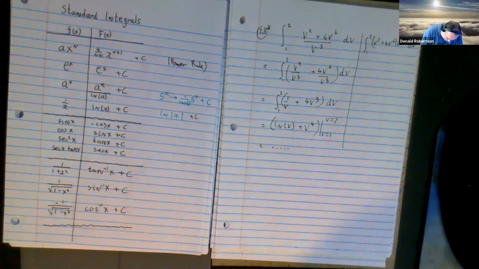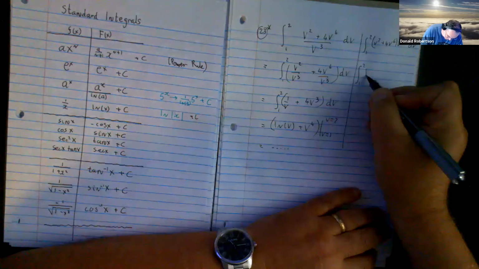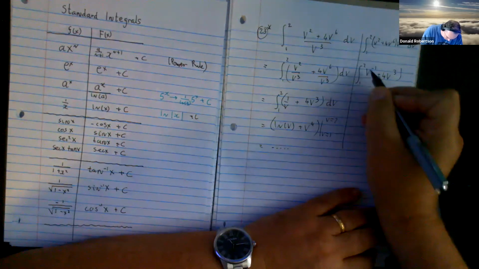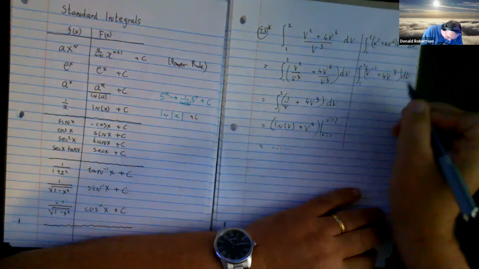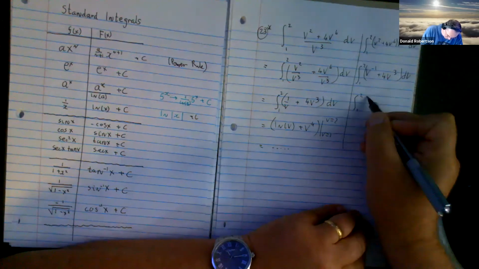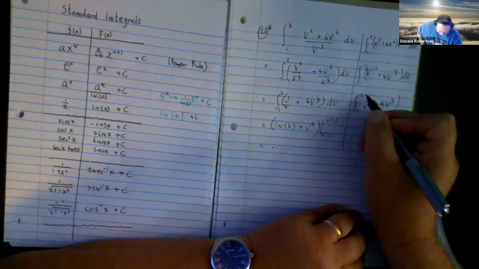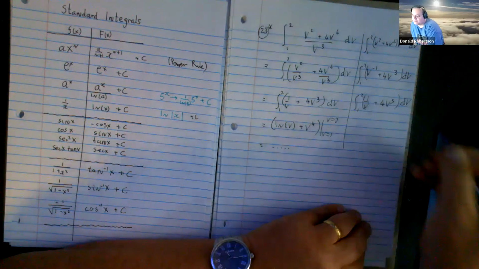Now, when we distribute it, you get that guy plus 4V cubed. Now, there's a little, and it's only minor, but it is important. So you notice that the V to the -1 gets rewritten as 1 over V. Did you see that?